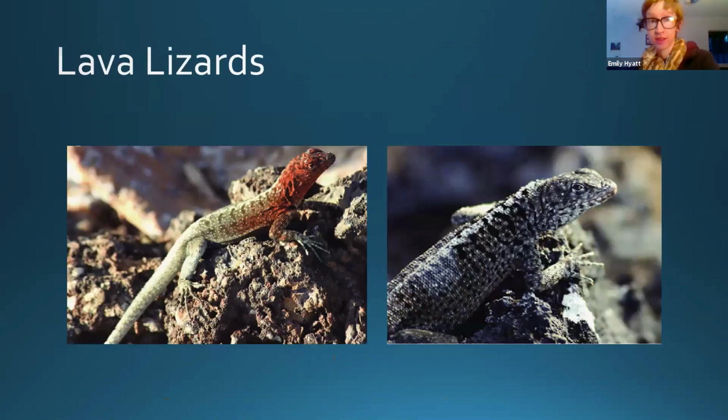Lava lizards, during the mating season, the males are bright red, and that again is kind of a hindrance to them because lava lizards are very well suited to the lava rock that they live on, and their purpose in that camouflage patterning is to blend in.